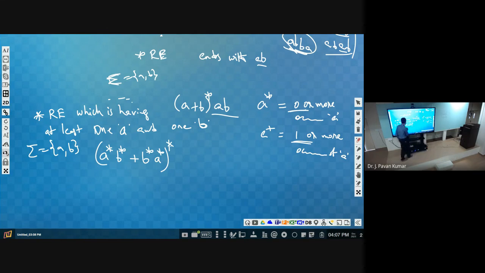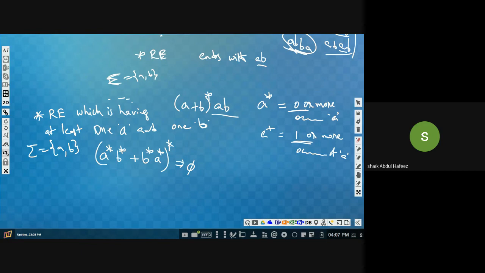Now come back to here. A star B star plus B star A star whole star also allows zero occurrences, that is, the empty string can be part of it. Yes, sir.